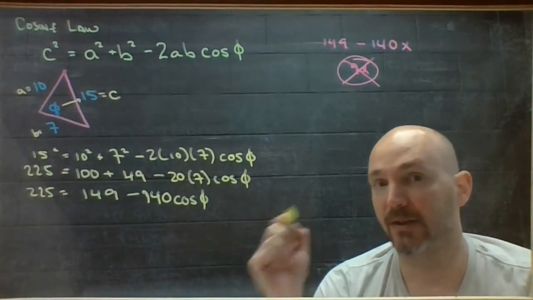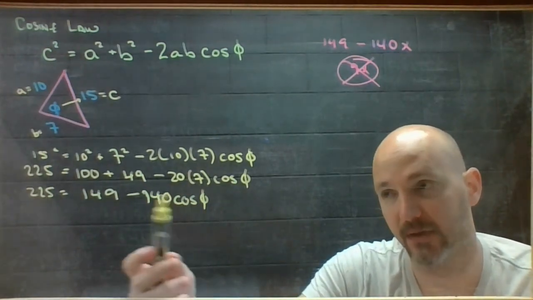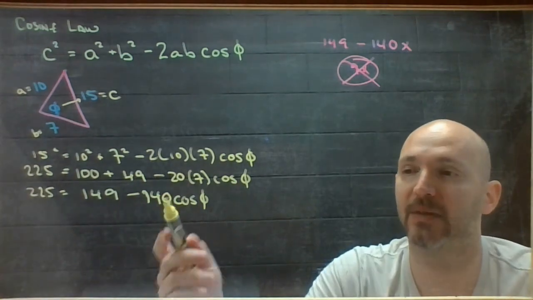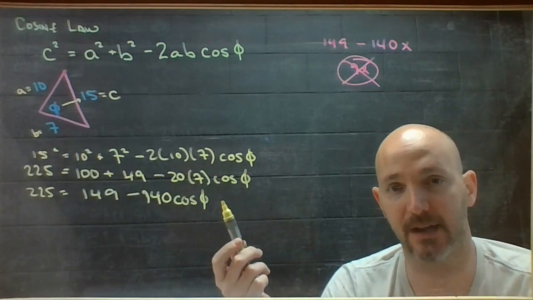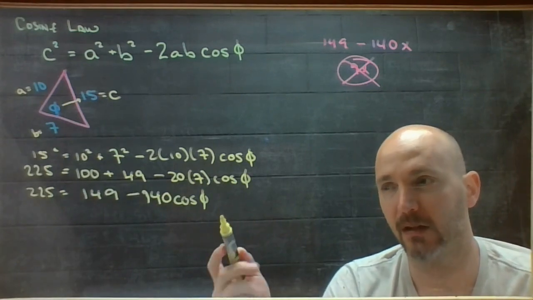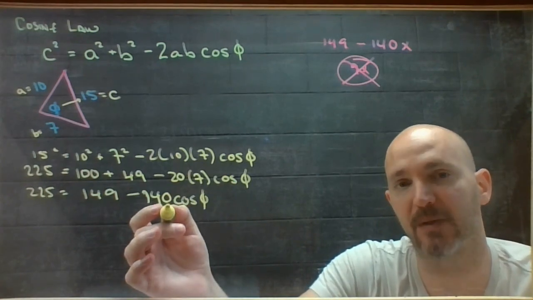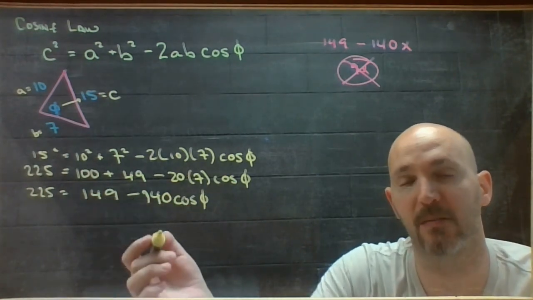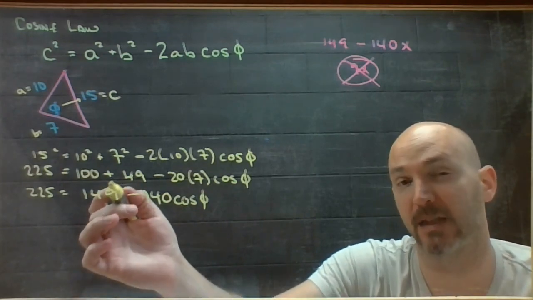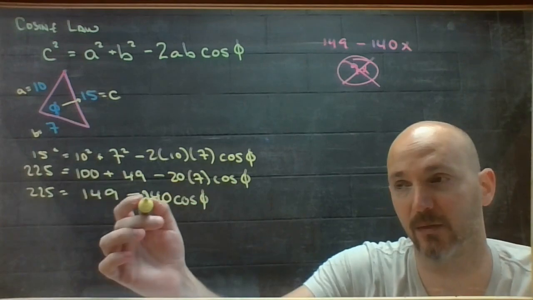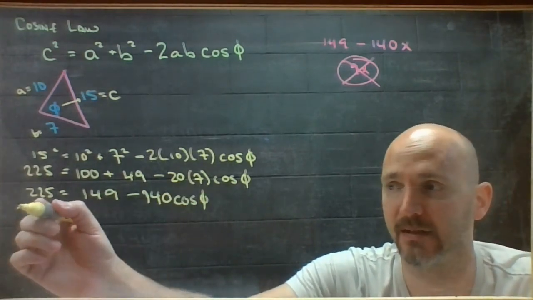So if I can't combine these two things because this has a variable and this does not, then I've flipped into algebra at this point. I have to start moving things to the other side. If I knew that, I would cosine it, then I'd multiply it, then I'd subtract it from this number. So that's the one I have to move first, because it would be the last thing in the order of operations. I'm going to subtract this from both sides.